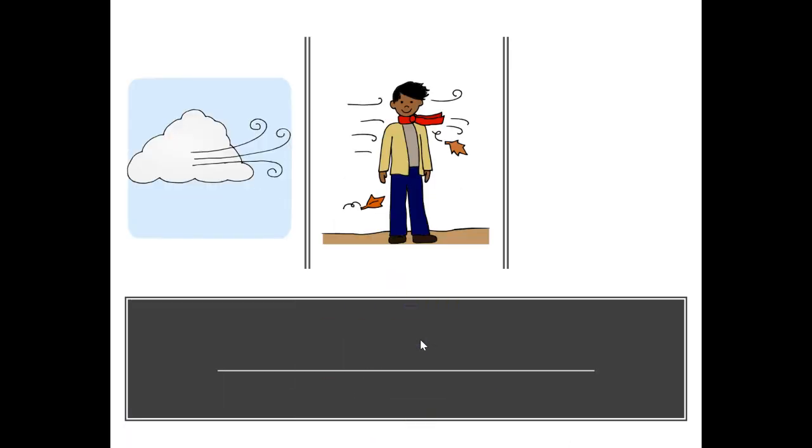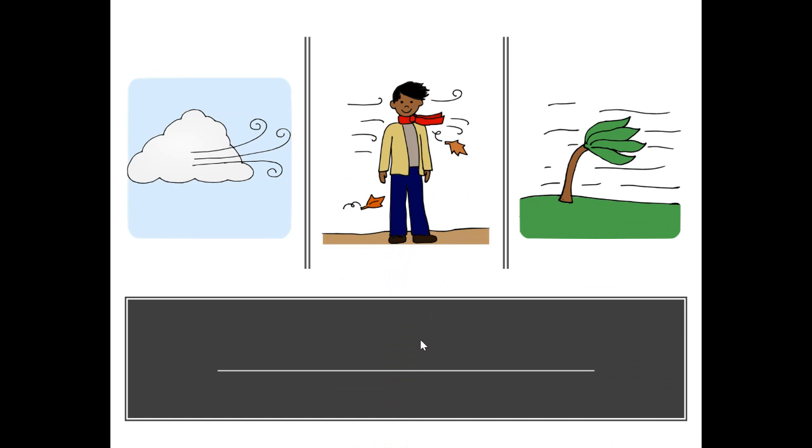Number 7, what do you notice or see? I notice or I see. Well, in the first picture, I notice wind and clouds. In the second picture, it looks like a light wind is blowing the leaves and the boy's hair and scarf.